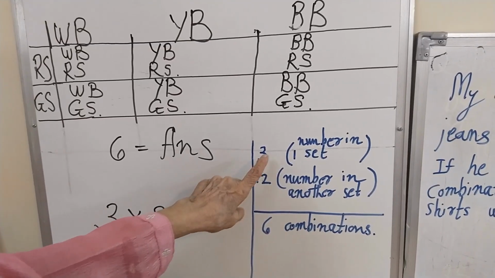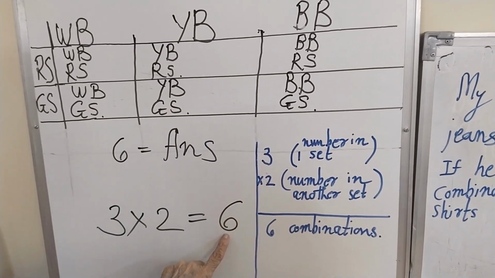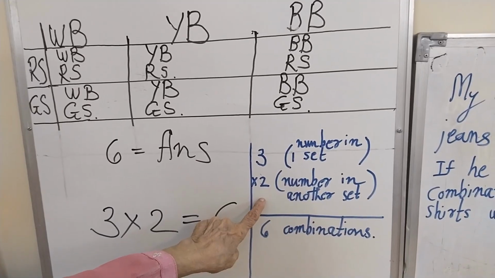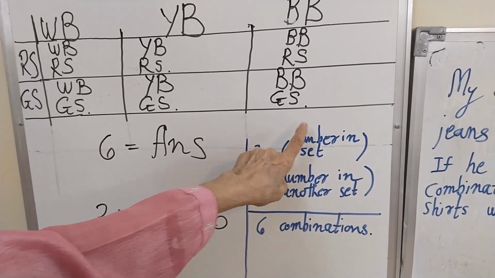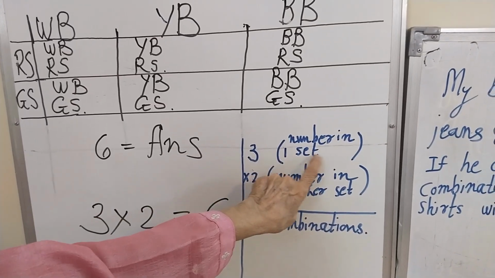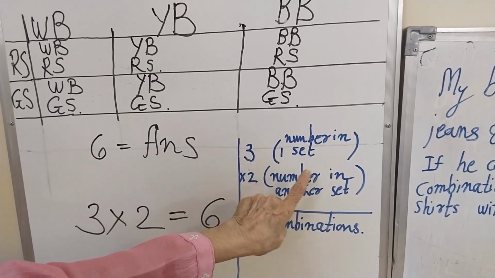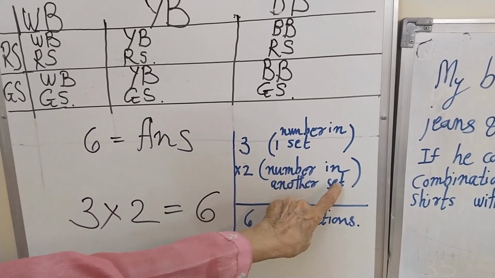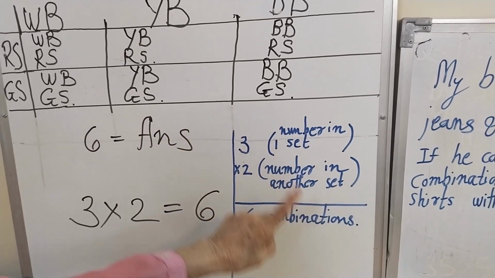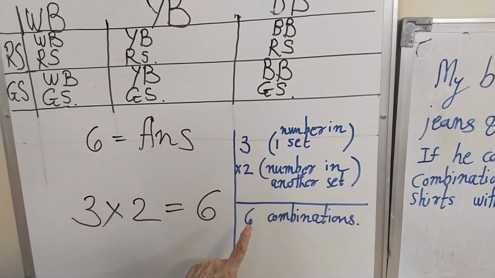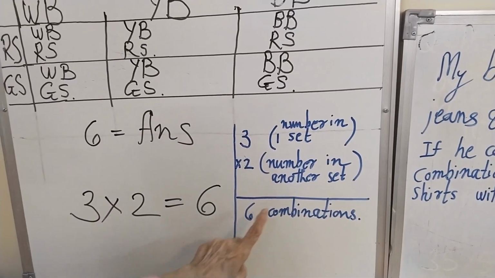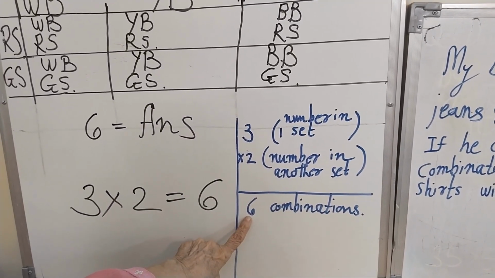In other words, Nani, the same thing we can give in this fashion. 3 means the number in one set of blouses multiplied by 2, that is the number in another set of skirts, and we can have them in different combinations and the combinations will be 6.